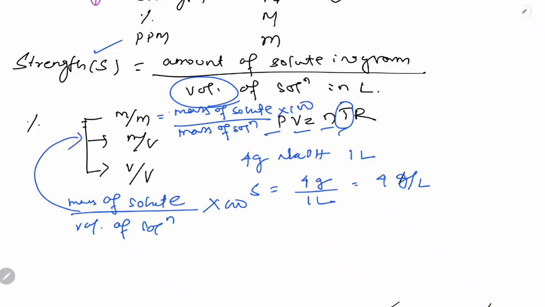So whatever it is saying, if it is saying mass by mass percentage, then that is mass of solute upon mass of solution into 100. Here mass should be in grams, volume should be in liter. If volume is not given in liter, then we can convert it into liter. If it is volume by volume percentage, then volume of solute divided by volume of solution into 100. That is our percentage formula.